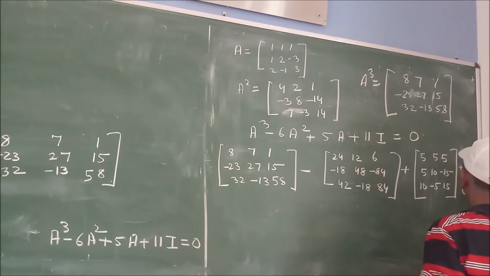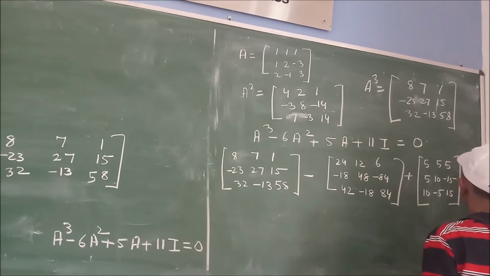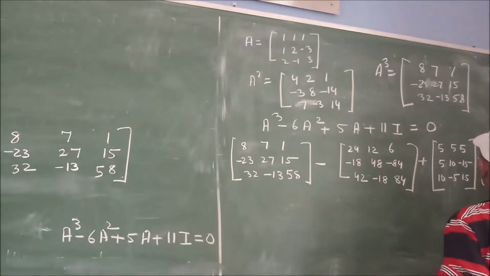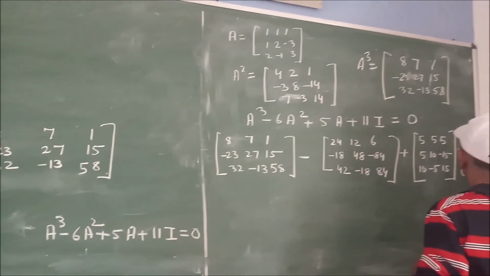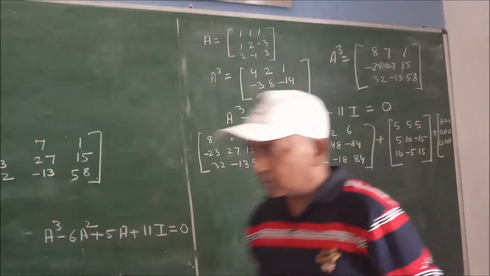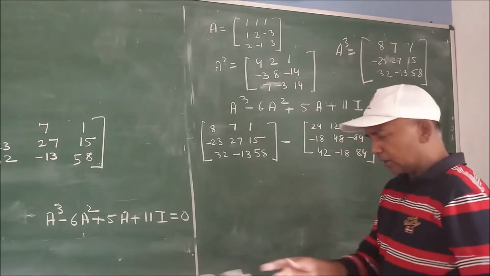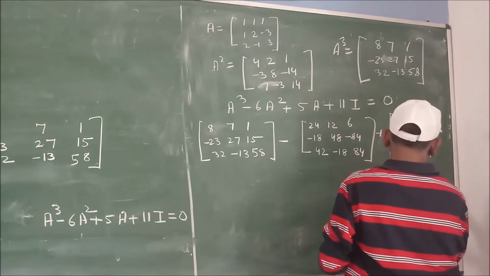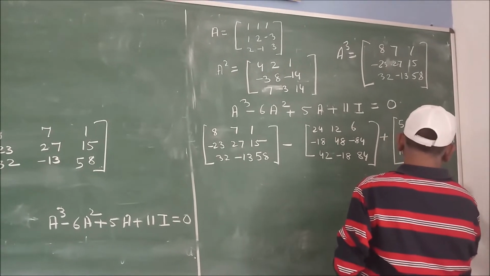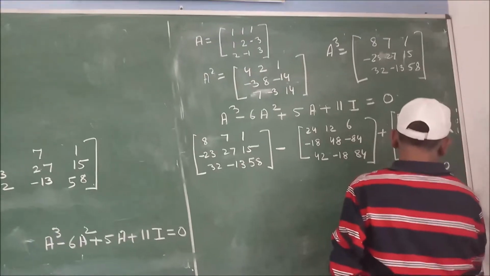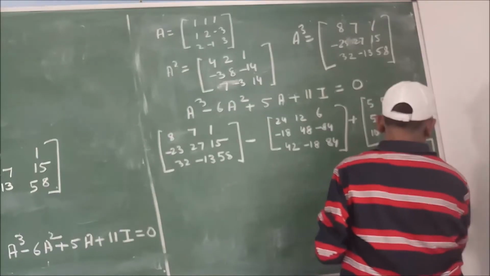So this will equal to 11 0 0, 0 11 0, 0 0 11. So I will write here the zeros: 11 0 0, 0 11 0, 0 0 11, like so.